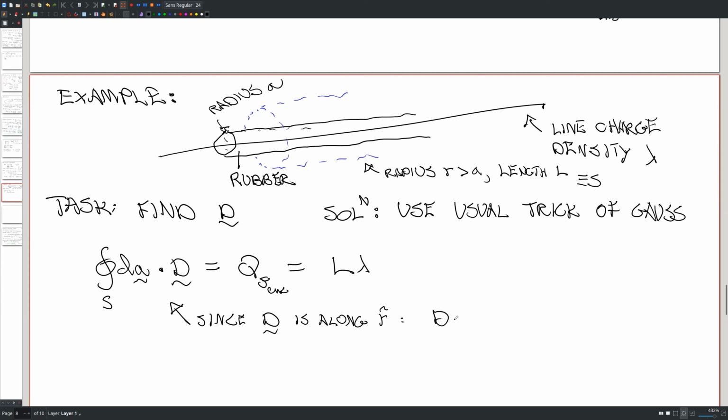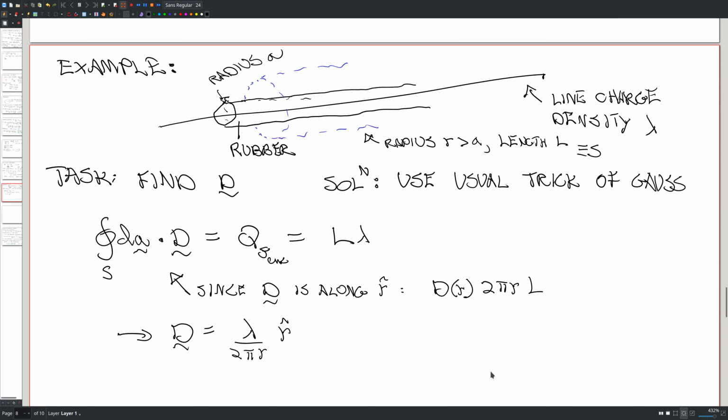So D of r times the surface of this Gaussian surface, which is just 2 pi r times L. Okay, so exactly the usual reasoning. So that gives us that D is just equal to lambda over 2 pi r in the r hat direction. Okay.